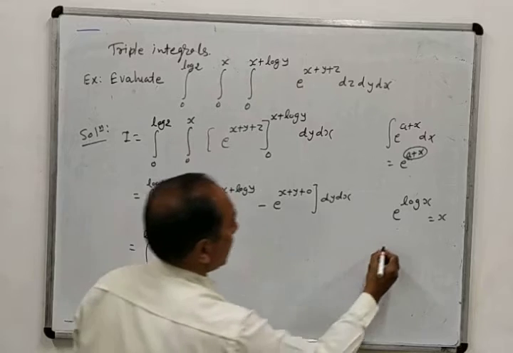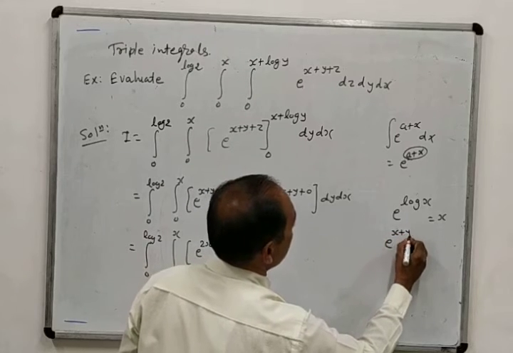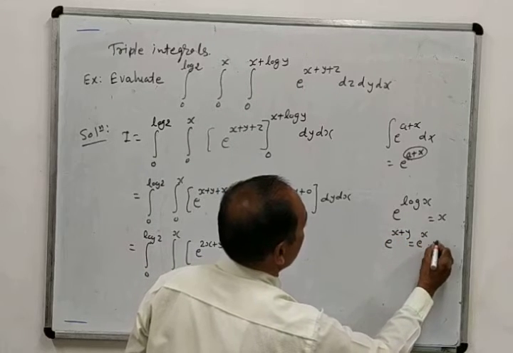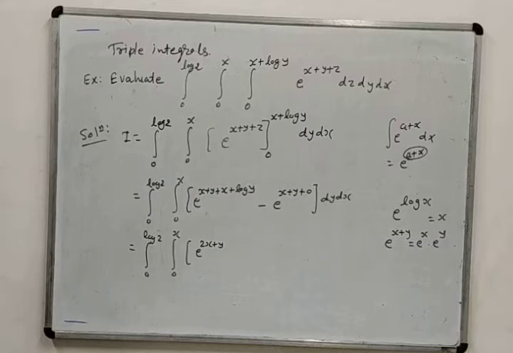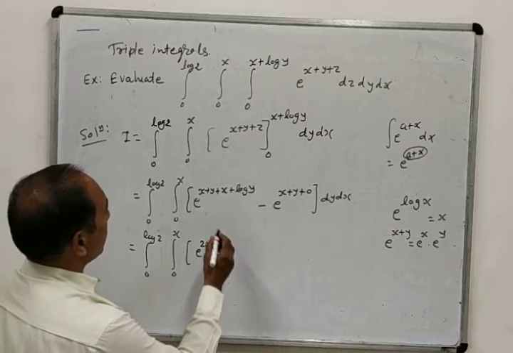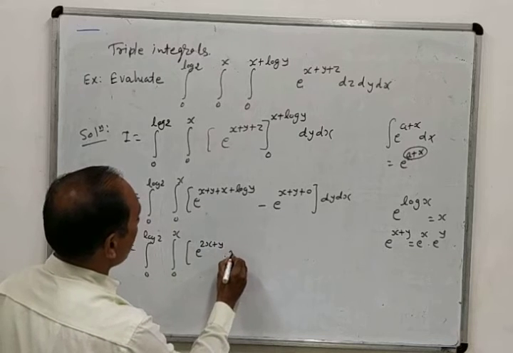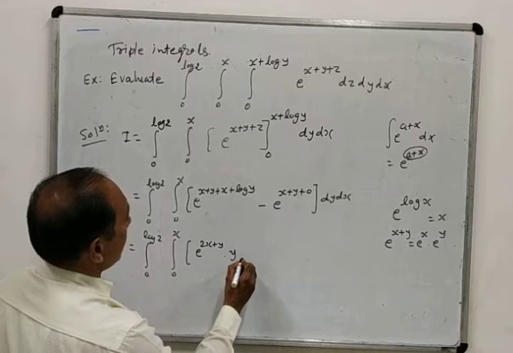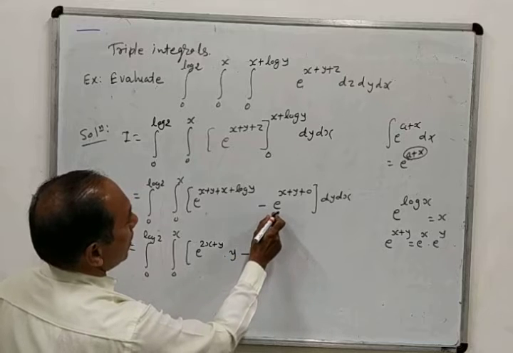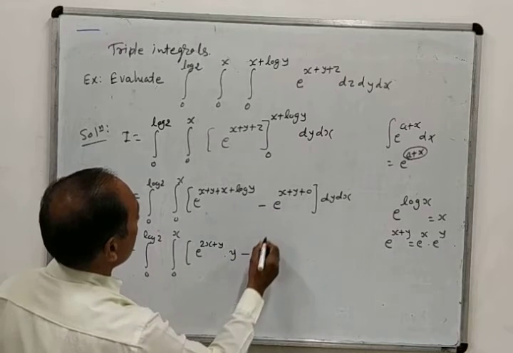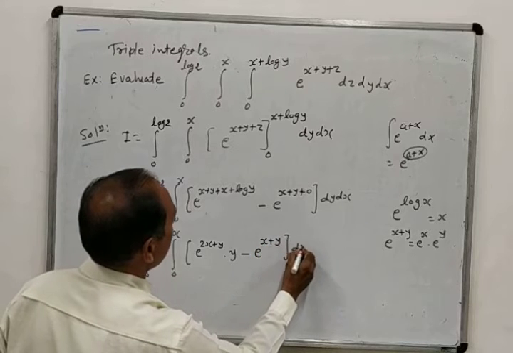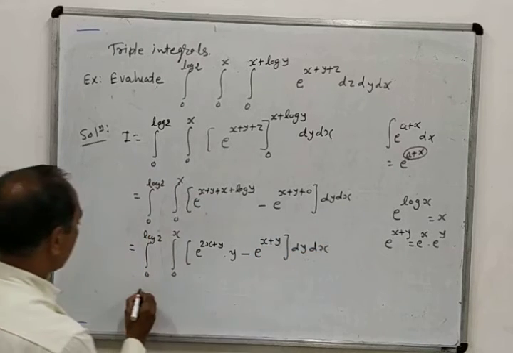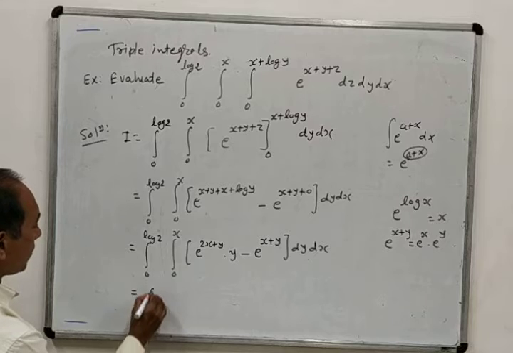And also e raised to x plus y can be written as e raised to x into e raised to y. So you must observe this and you must be knowing this formula. So e raised to log y means y, minus e raised to x plus y dy dx. So now we will find out the integration with respect to y.